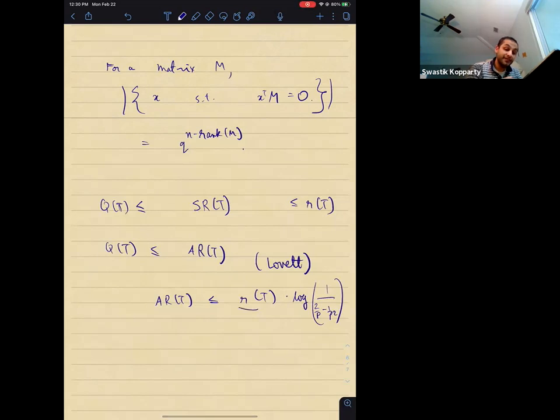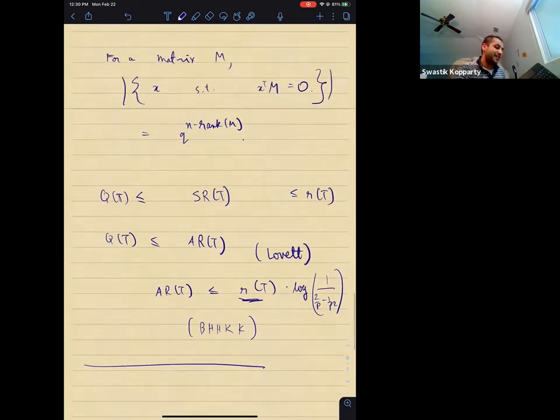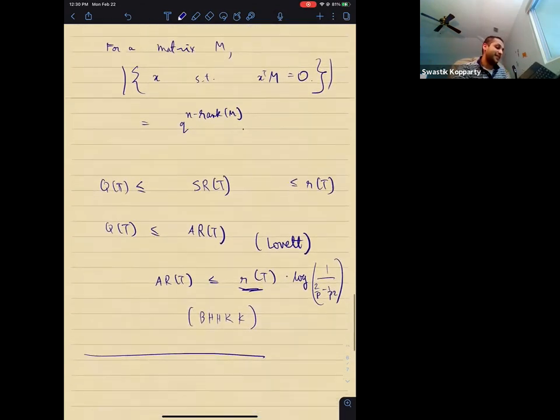This gives a lower bound on standard tensor rank. This is a theorem of Bhrushundi, Harsha, Hatami, Kopparty, Kumar, and myself. So I think these are the relationships between these ranks. There are a whole bunch of ranks that are related to each other.